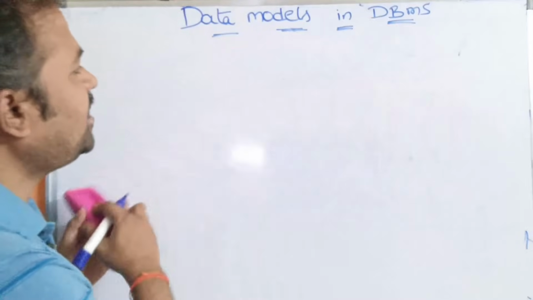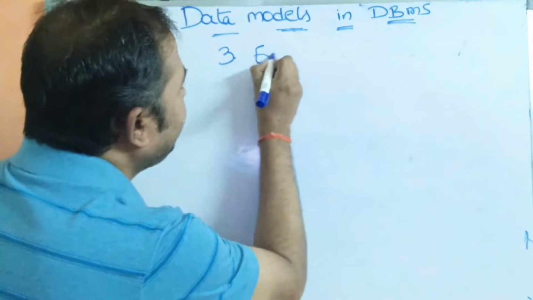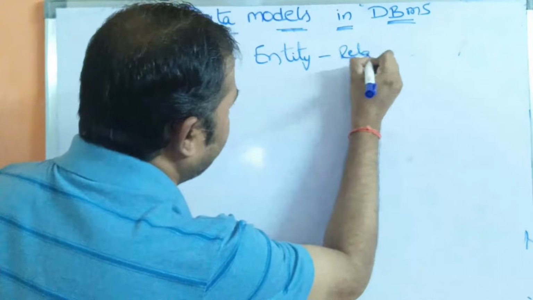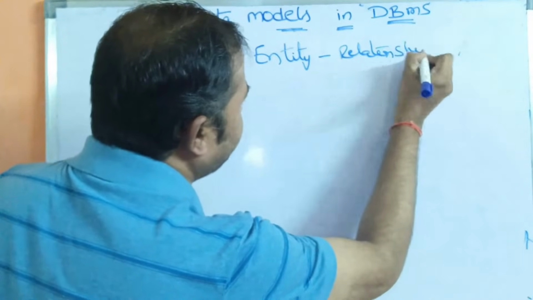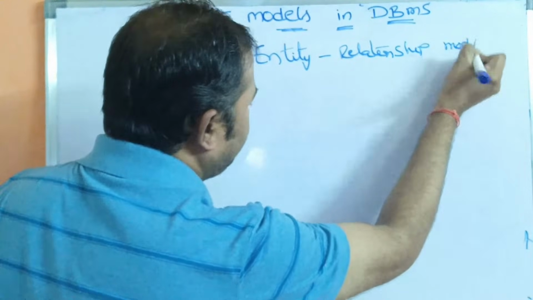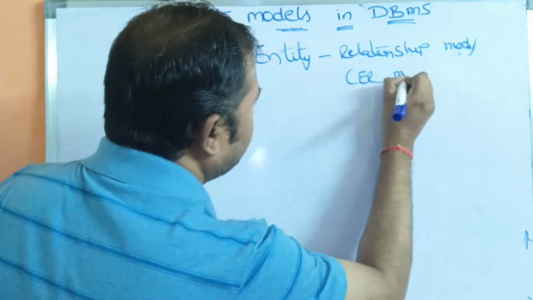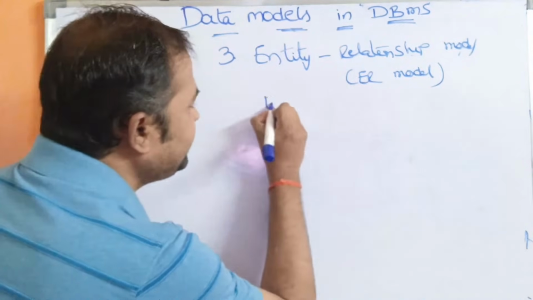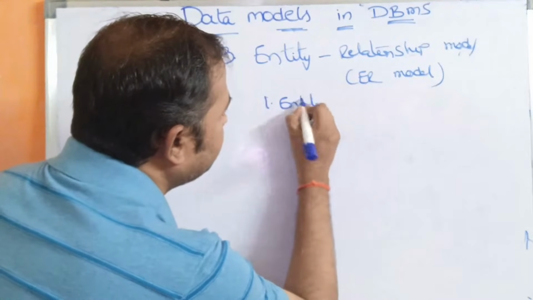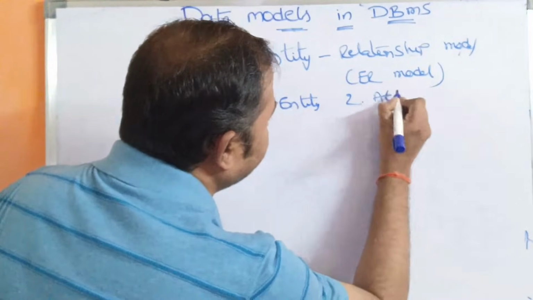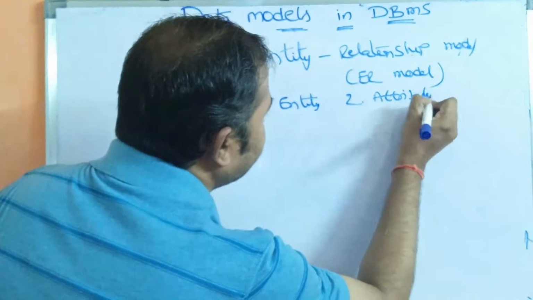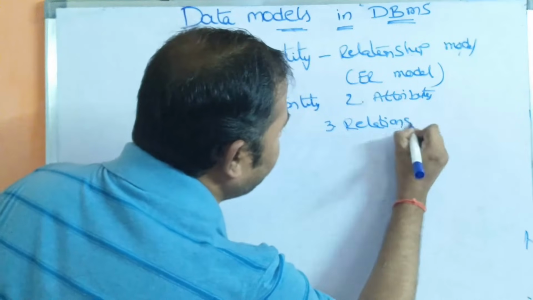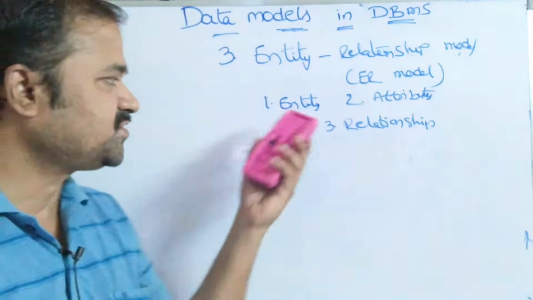Now let us see the third one, the entity relationship model, or ER model in short. The ER model mainly contains three things: entity, attribute, and relationship.